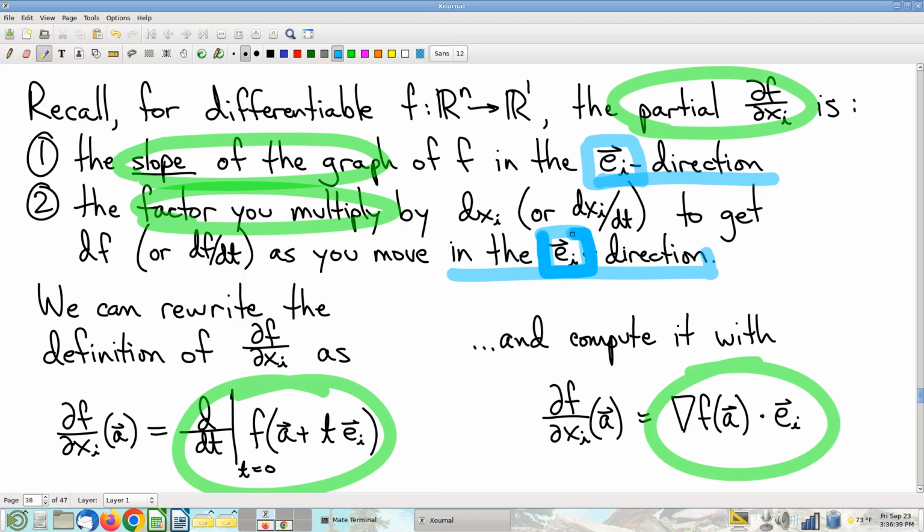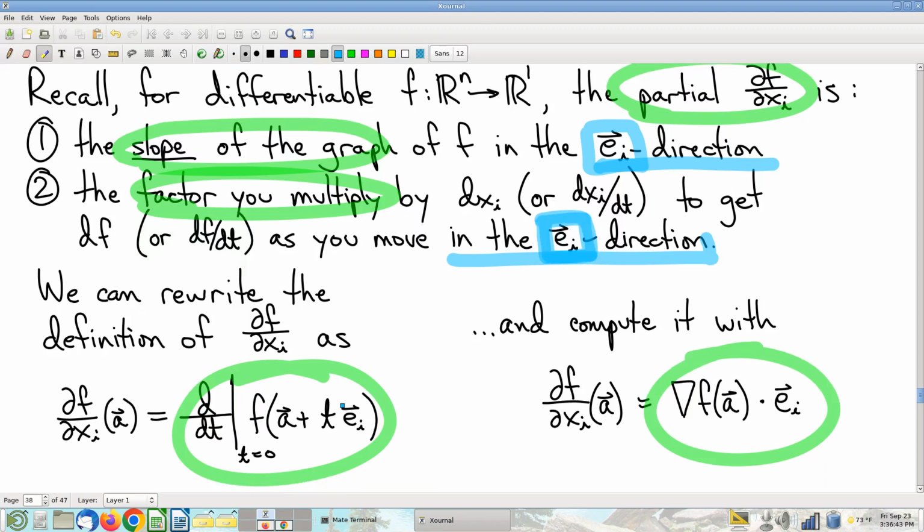Again, unit vector, ei. This one down here, specifically, it's the vector ei describing our velocity. And then over here it is the vector ei that we're dotting with the gradient. So it's all written in terms of vectors. There's nothing on the page here now about variables.